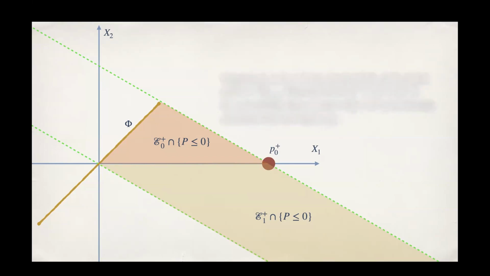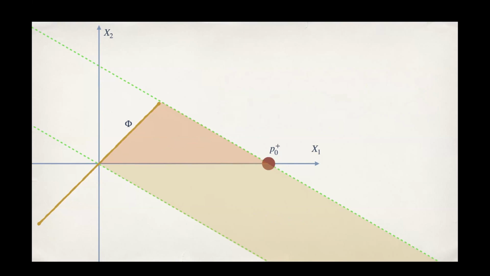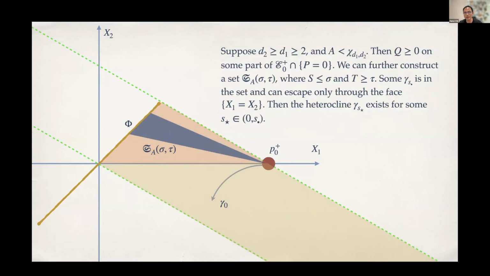Lastly, we realize that if we let the parameter be 0, it will not converge. It will not go to P0 minus. And if we let A be small enough, it turns out that in the orange triangle region, you can actually allow P to be positive for some of the integral curves. In that way, the integral curves will be in this blue triangular region initially for some parameters.